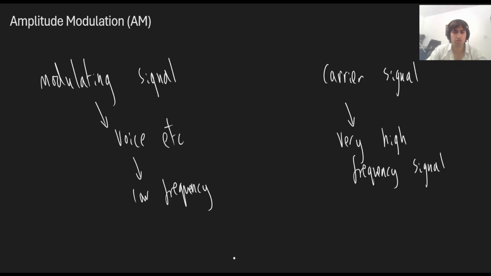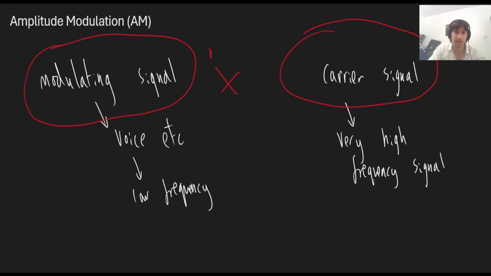So in amplitude modulation, we simply take our modulating signal or our voice signal, and then we just multiply it with the carrier signal. In amplitude modulation's most fundamental basic form, we just multiply. Now, of course, amplitude modulation is more complex than that, and we do more than multiplying in the real world.